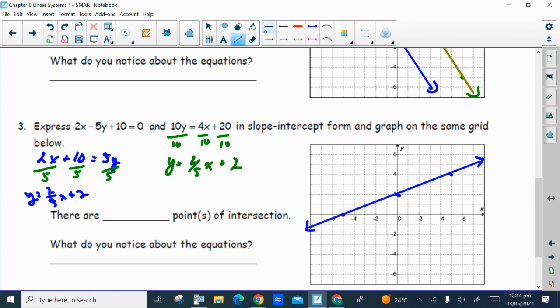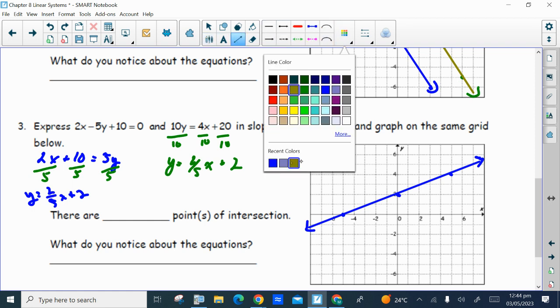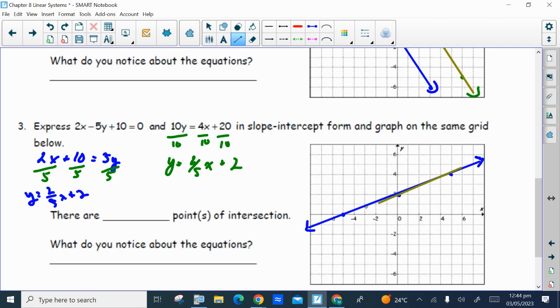So they will have the same line. And so when we're talking about how many points of intersection there are, in this case, there are infinite points of intersection. They are, in fact, the same line, so every point is a point of intersection.